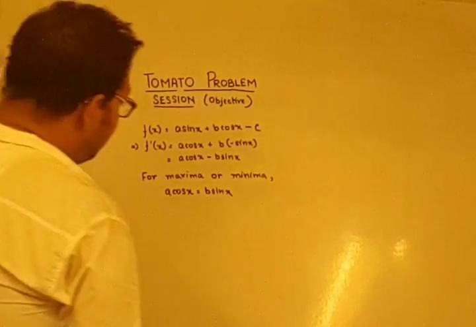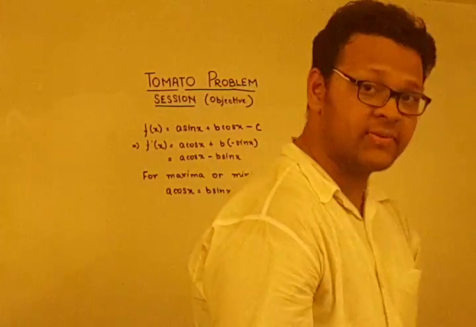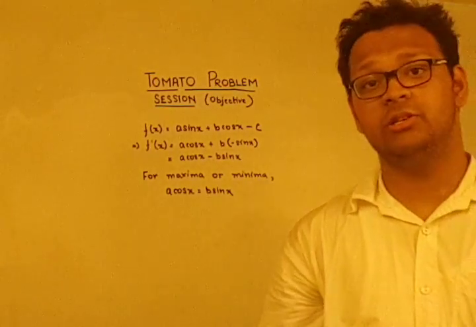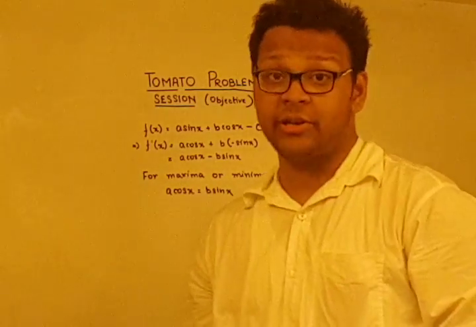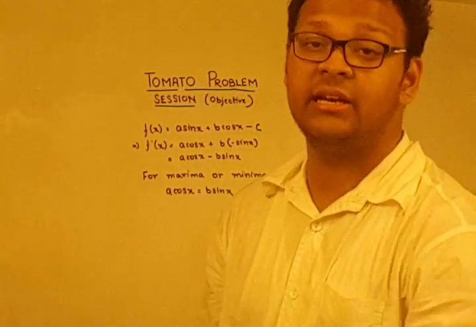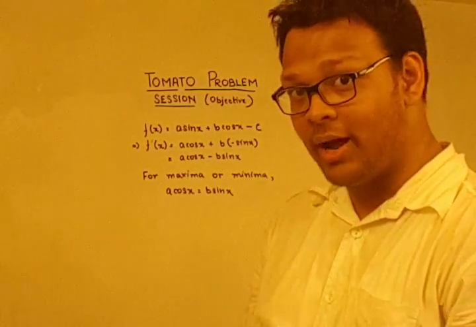Now since a and b are both positive and cannot both be 0 at the same time, cos x and sin x also cannot both be 0 at the same time because of the identity cos square x plus sin square x equals 1.